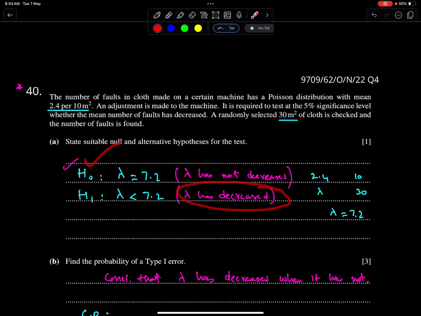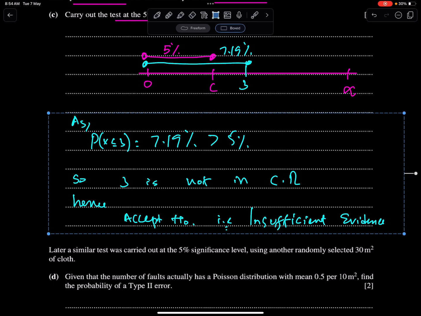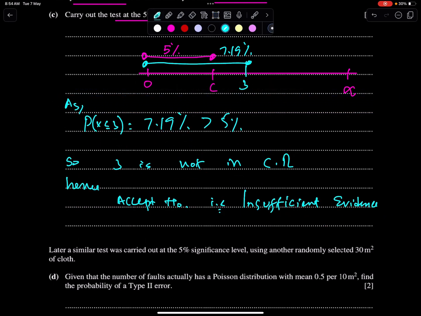When you are accepting H0, then mention this thing, insufficient evidence that lambda has decreased. You can write in any way.